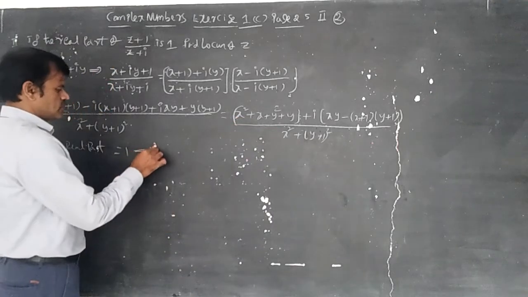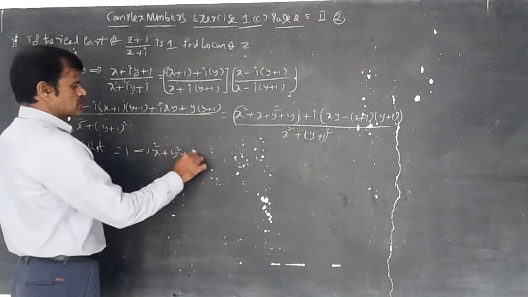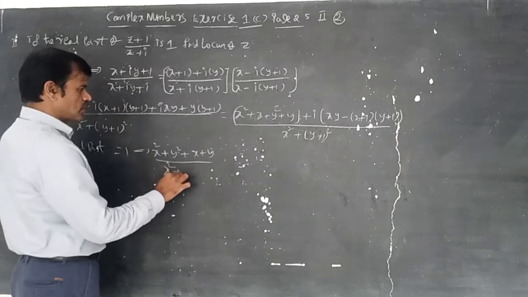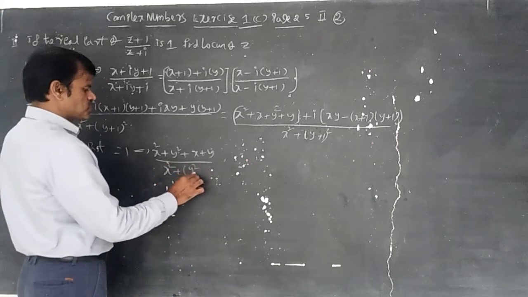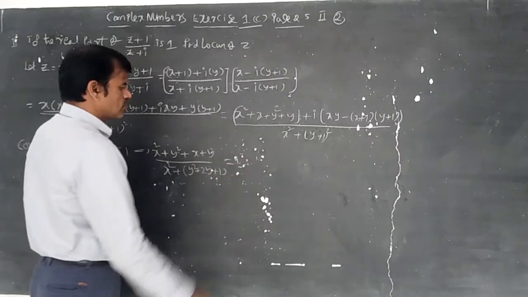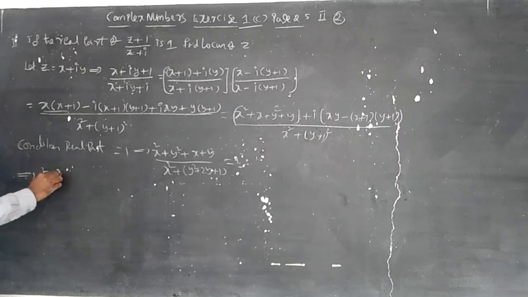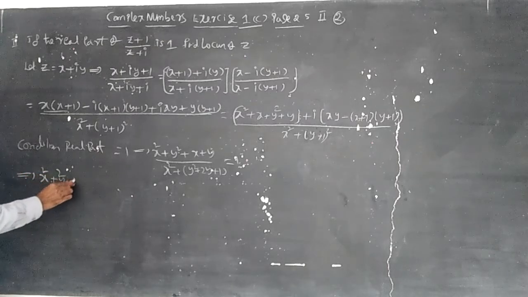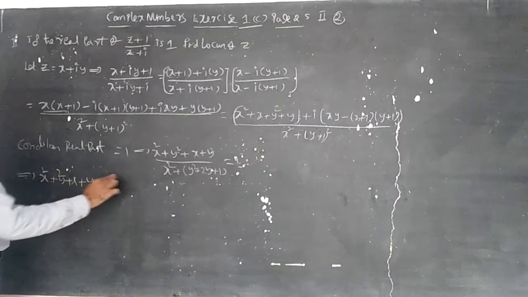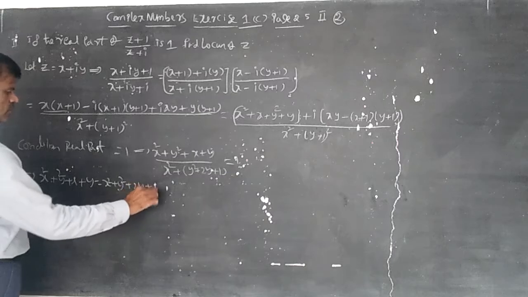That implies we can write (x square plus y square plus x plus y) by (x square plus y square plus 2y plus 1) is equal to 1. Taking cross multiplication, we can write x square plus y square plus x plus y is equal to x square plus y square plus 2y plus 1.